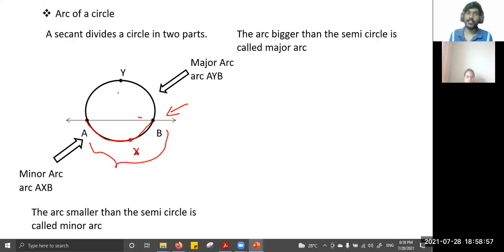Similarly, the bigger portion is called the major arc. You put one more point on this boundary, name it Y, and the major arc is AYB. So a secant divides a circle into two parts. The bigger part is called a major arc, the smaller part is called a minor arc. Is this clear? Yes. Okay.